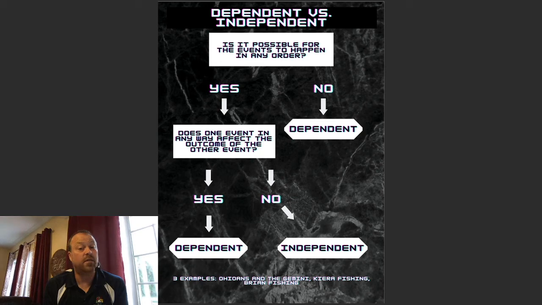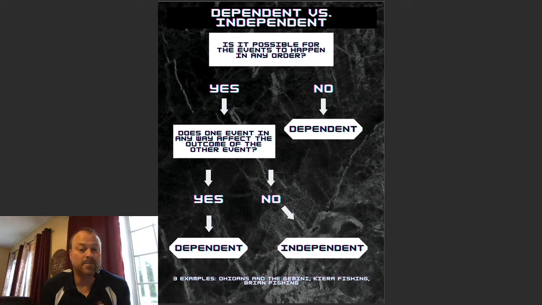So if we started with 1,000 perch and 1,000 bluegill, Kiera catches one bluegill and she throws it back. So after she caught the bluegill, there's still 1,000 bluegill and 1,000 perch in the lake. So does one event in any way affect the likelihood or the outcome of the other event? No, it does not. So this is an independent event.